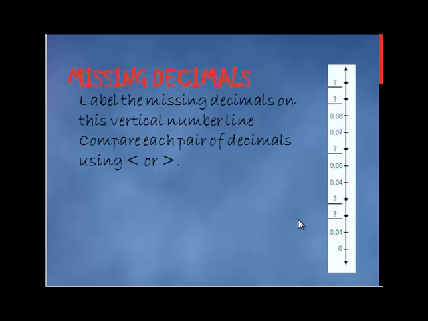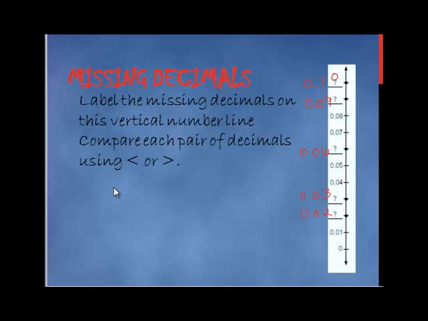So this would be 0, 0.02, 0.03, then we have 4, 5, 0.06, 7, 8, 0.09, and this would be the whole number. 0.09, then we're going to come to 0.1. And then if I wanted to add a 0 afterwards, we would see that would be 10. But it's tenths now.